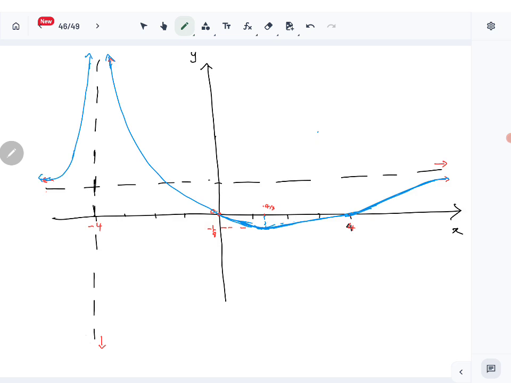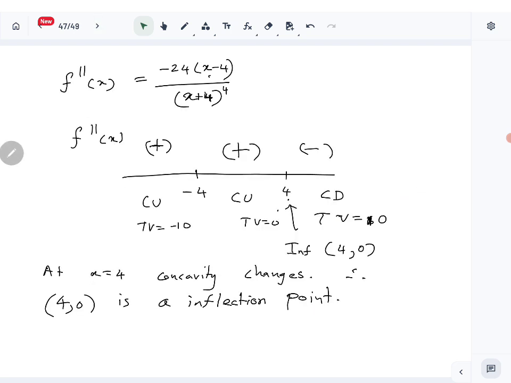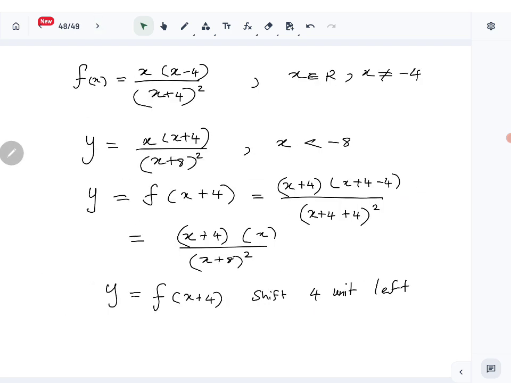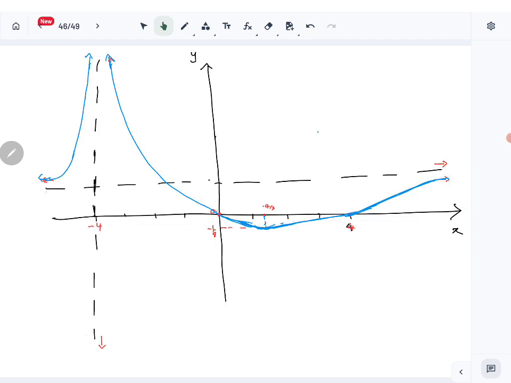So what will happen then? The shape is the same. Everything shifts 4 units to the left. And we only want to draw the section where x is less than minus 8. The asymptote at minus 4 shifts to minus 8.